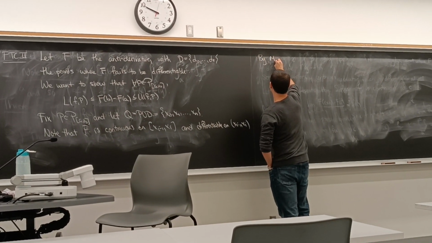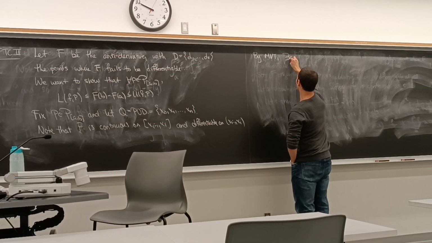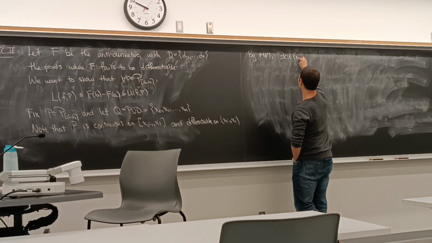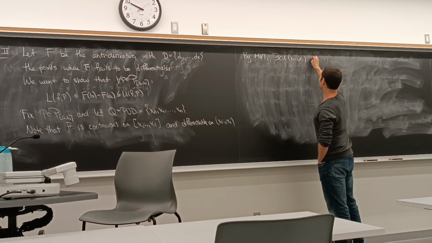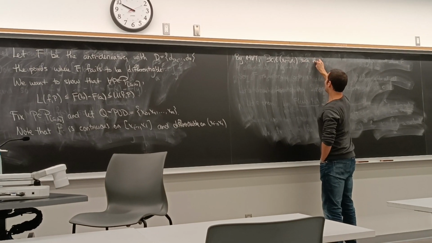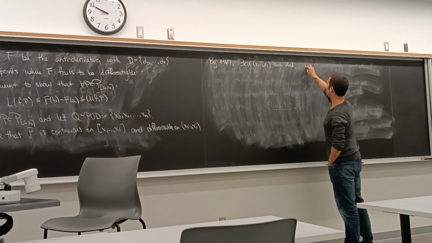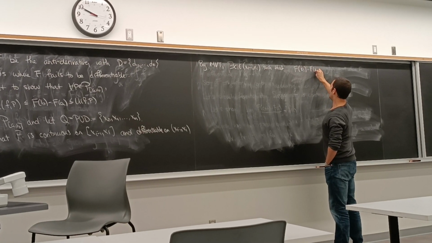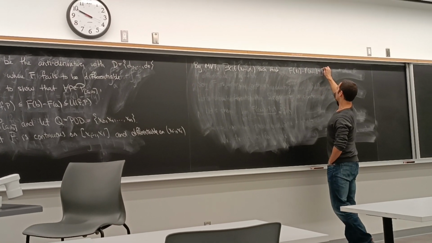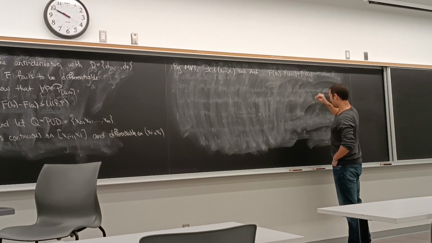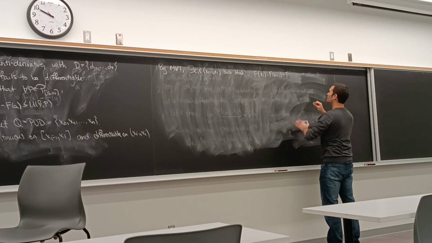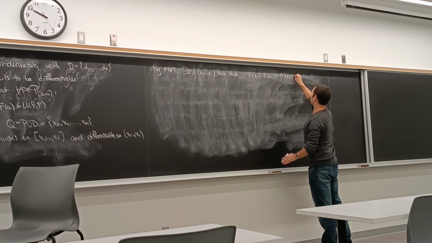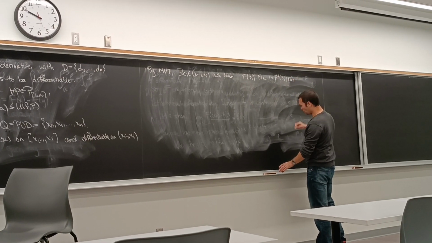By MVT, there exists some ci in (xi minus 1, xi), such that, okay, let's apply this. So we get F(xi) minus F(xi minus 1) is F'(ci). Oh, we can do that better. Let me just write delta xi, because we know that's what that is.